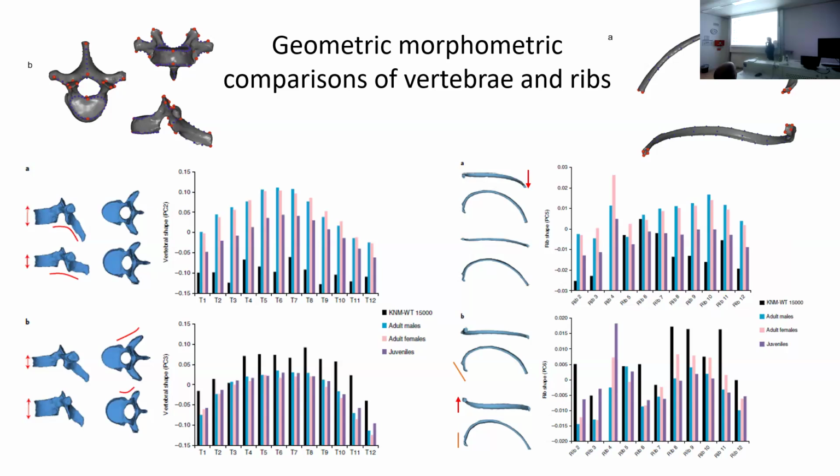And what we found was that the vertebrae of the Nariokotome skeleton were characterized by a dramatically reduced height of the vertebral body, a considerable extension in the anterior-posterior direction due to the orientation of the spinous processes, and by a backwards orientation of the transverse processes of those elements that articulate with the ribs.